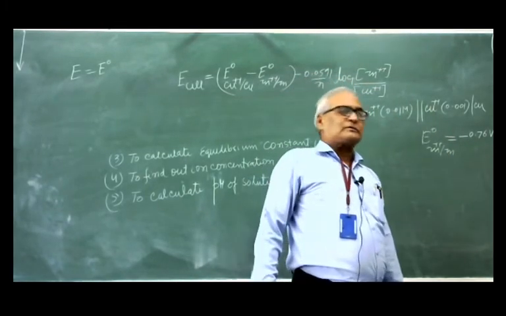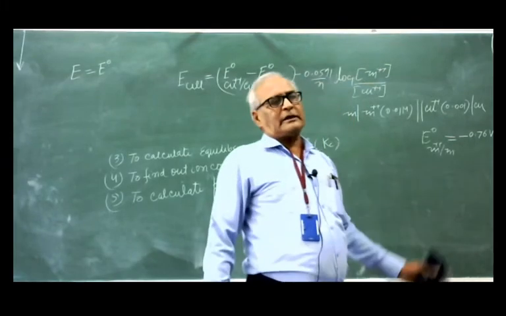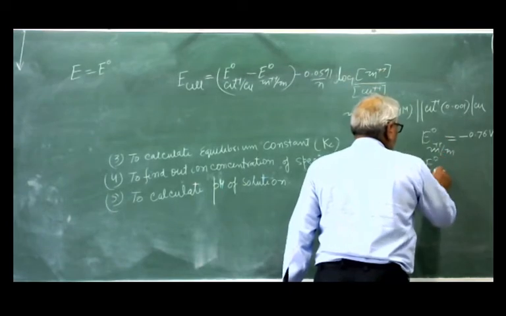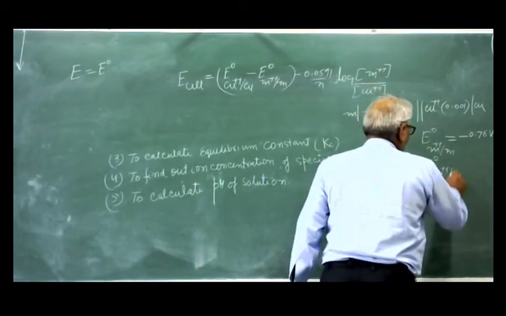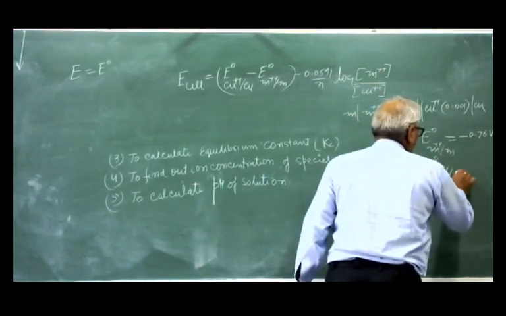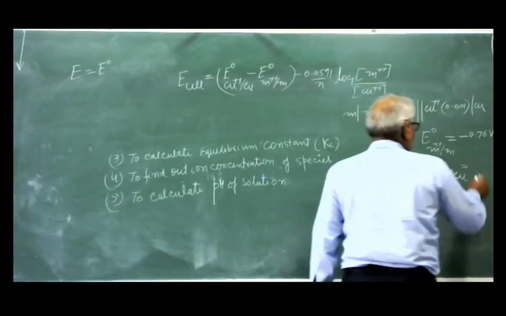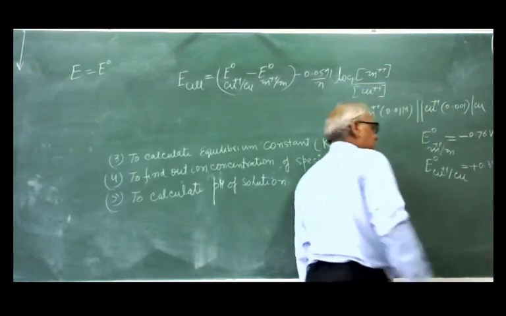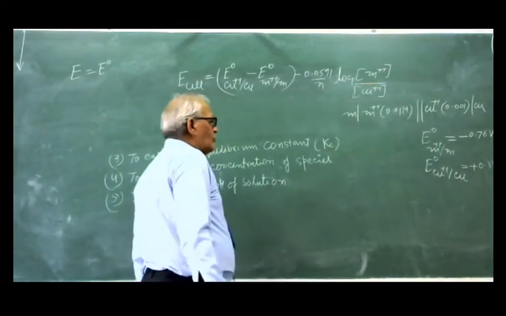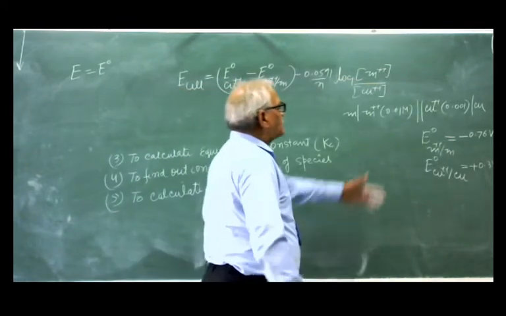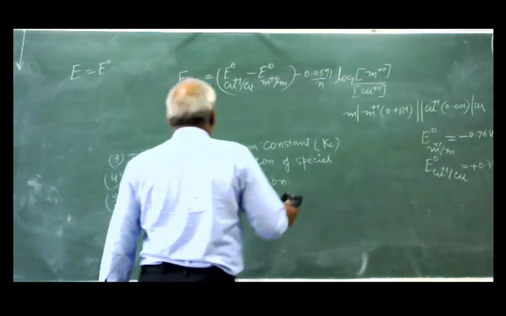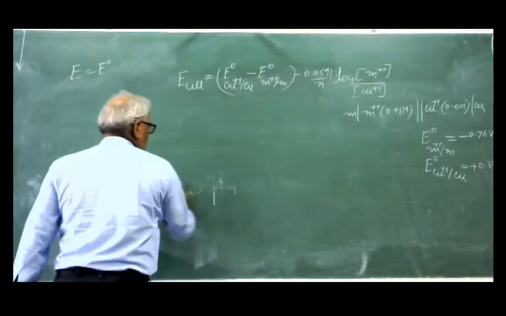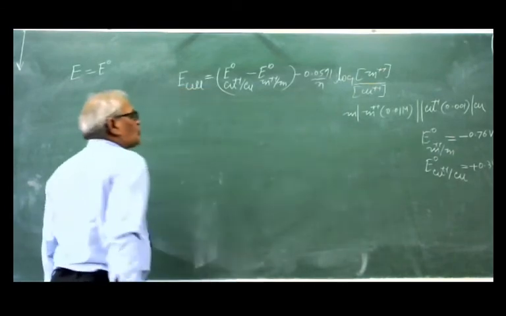Standard electrode potential of the zinc to zinc ion is given, as well as standard electrode potential of the copper ion to copper, plus 0.34 volt. It is given. So standard electrode potentials are given, so you can calculate the electrode potential of the cell.